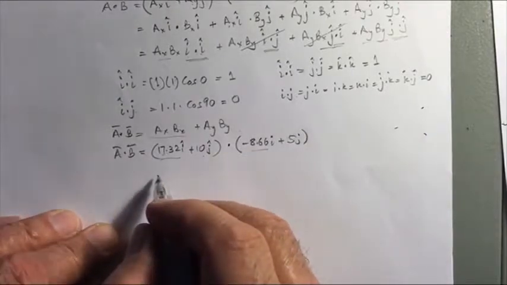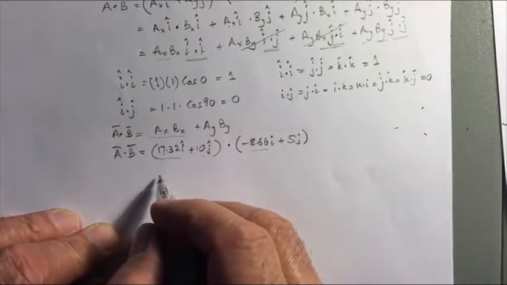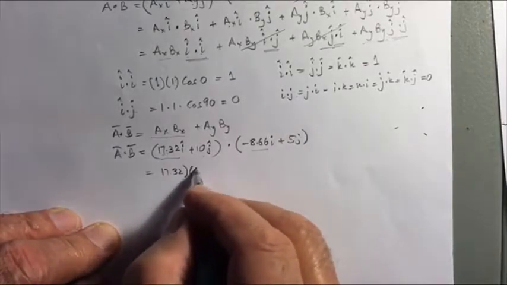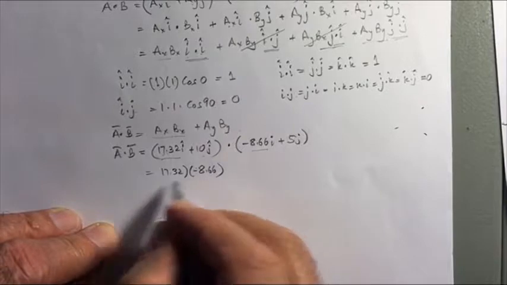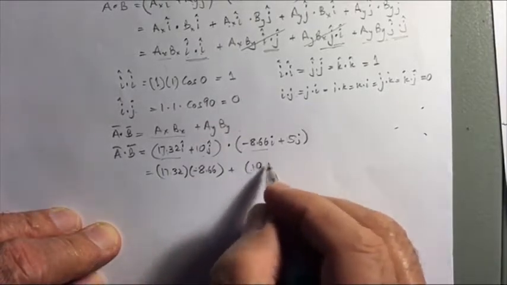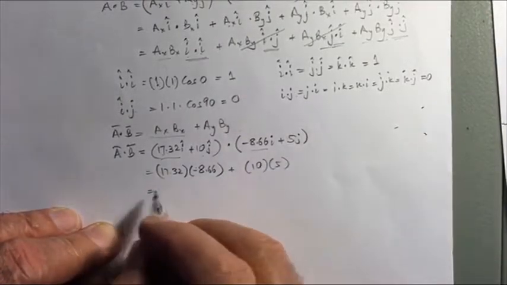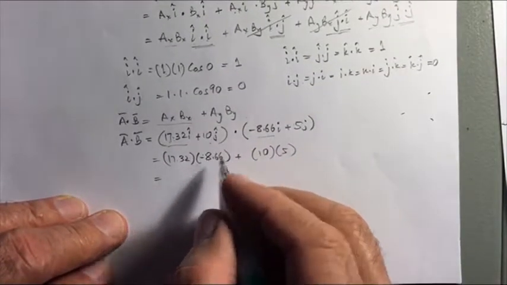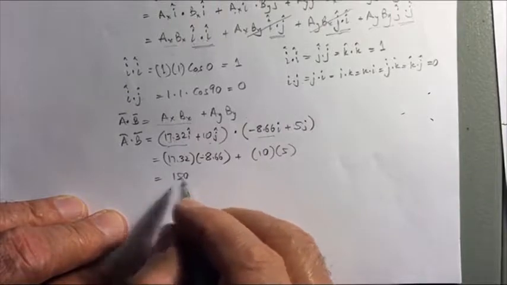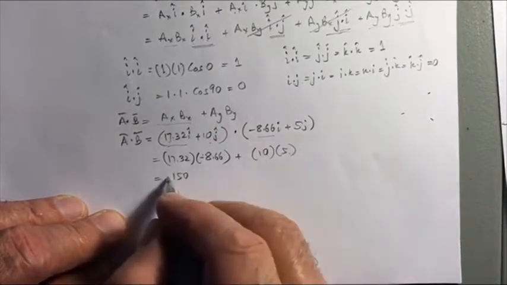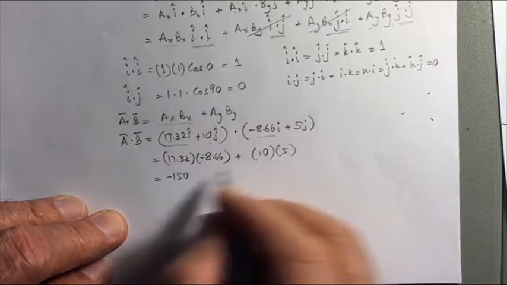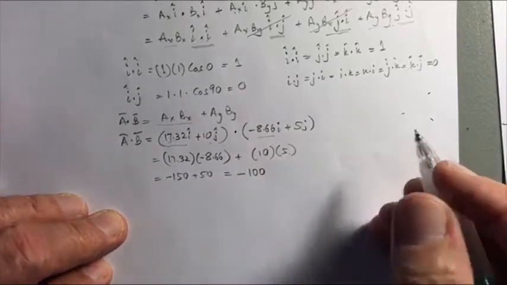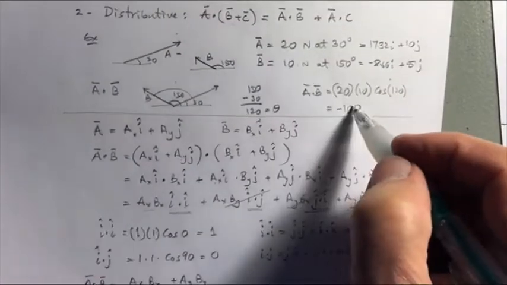So it's going to be equal to 17.32 times negative 8.66 plus 10 times 5, which is minus 150 because of that minus, and 50, so that adds up to minus 100, which is what we had earlier.